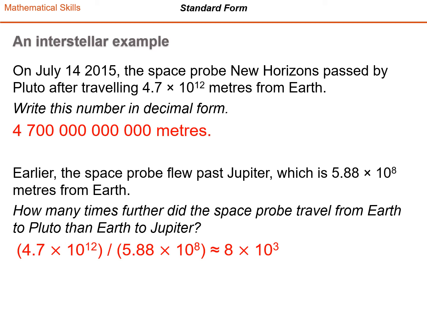The second part of this, we've got 4.7 times 10 to the power of 7 divided by 5.88 times 10 to the power of 8, and that should give us an answer of around about 8 times 10 to the power of 3, which of course we can interpret as 8,000 times farther.